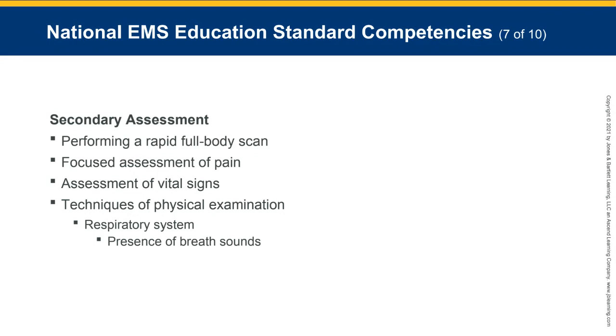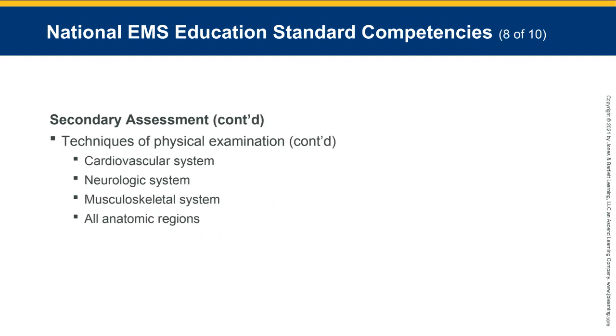In the secondary assessment, we will look at what is meant by a rapid full body scan and what is meant by a focused assessment, the difference between the vital signs and the primary assessment findings, and techniques for physical examination for various systems within the body.